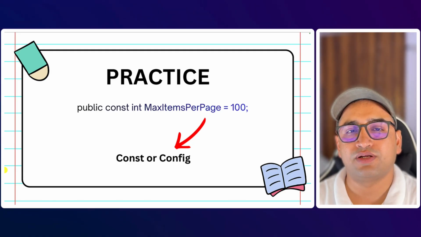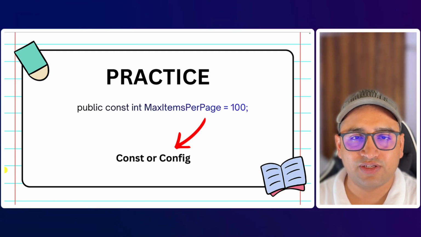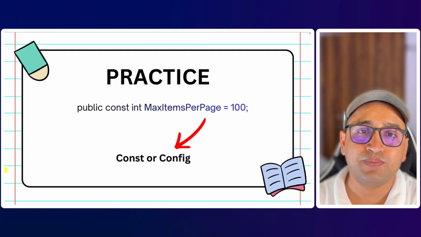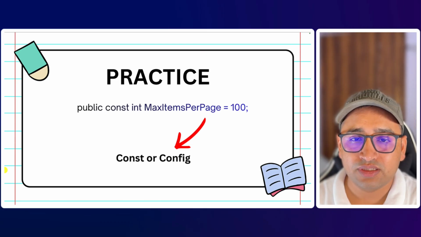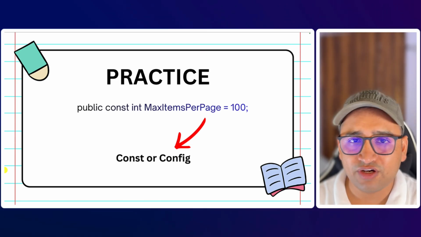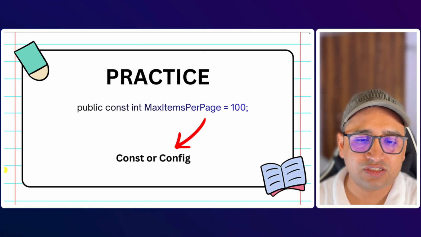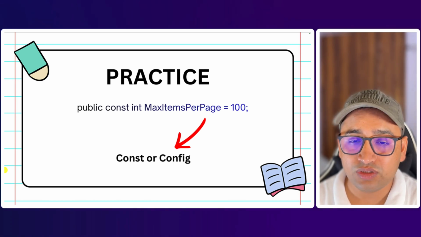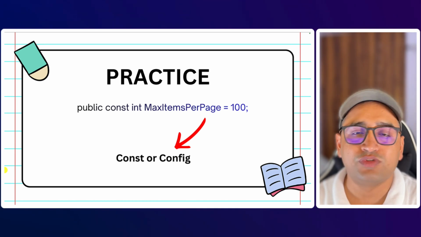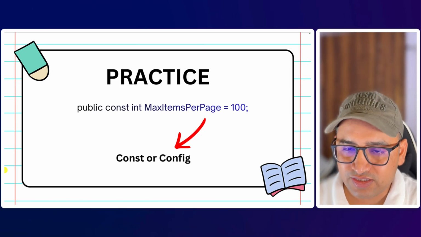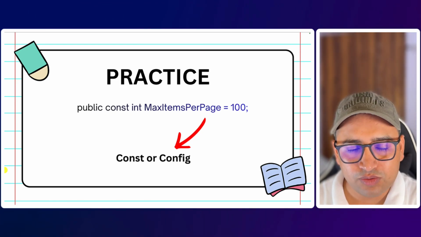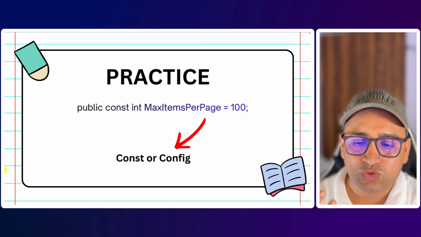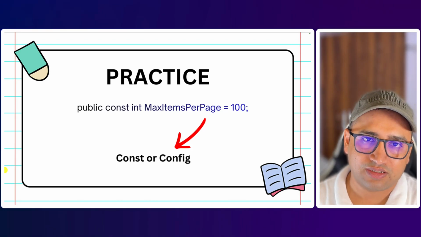Keep this basic fundamental rule in mind. If you are having some values that are totally dependent on your code, and these things will never change in all the environments, irrespective of users, the value is same for all the users, for all the environments, in all the situations, then you must go with the constants, right? If there is any change in those constants, the value will be changed, then you will have to deploy your application again.